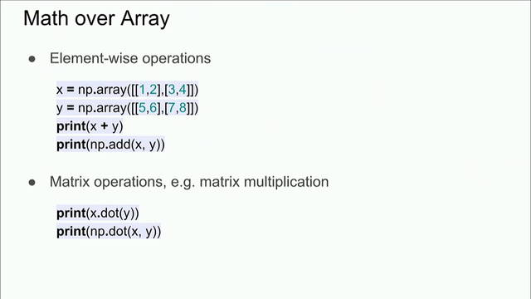Say, if you want to do matrix multiplication, it's not an element-wise operation anymore. And NumPy provides you convenient interface functions to do these operations. For example, you can do x dot y, and you can also do numpy dot x y. These functions help you perform the matrix multiplications.